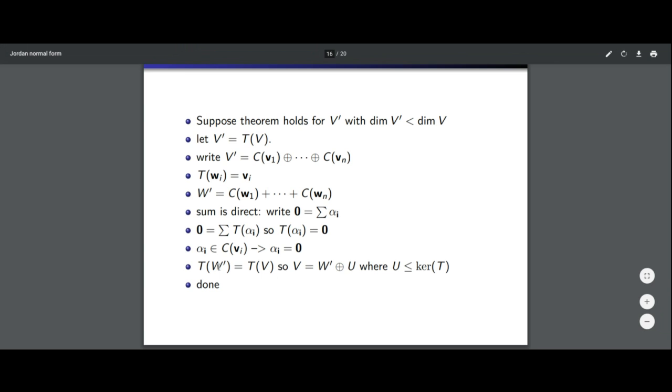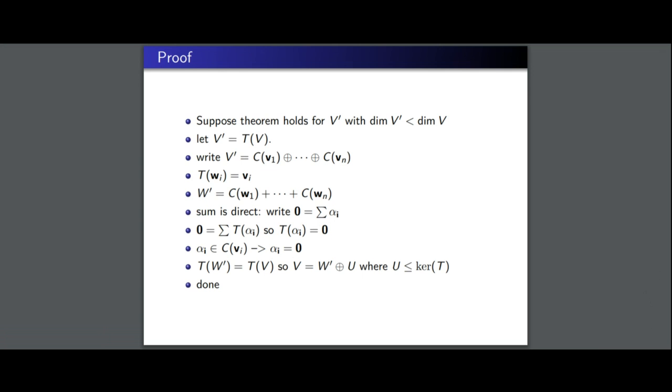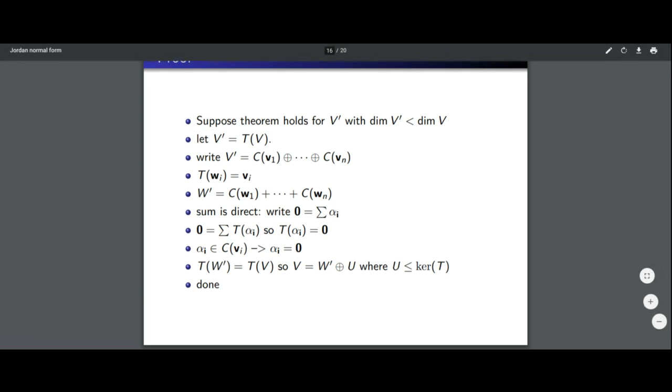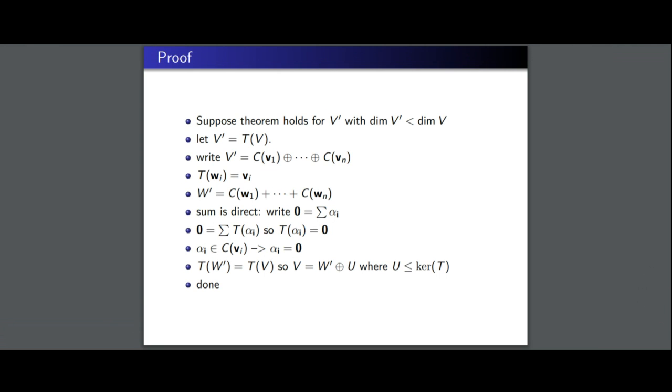And now, since T of W prime equals T of V, you can find a subspace of the kernel of T to give you all of V, right? I want to explain that part briefly, even though I didn't explain the rest.